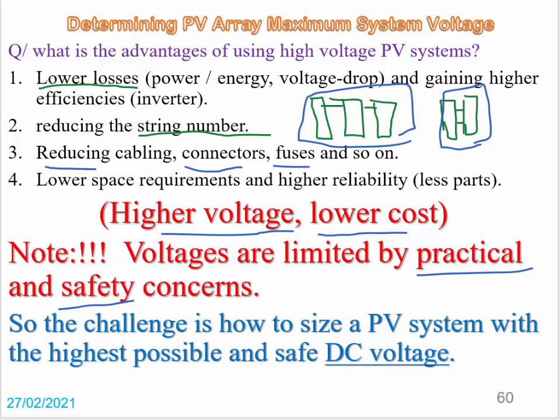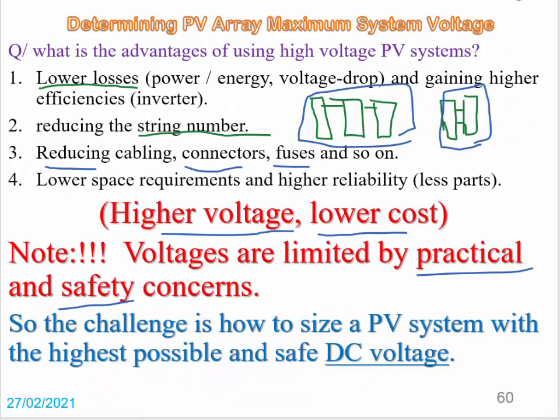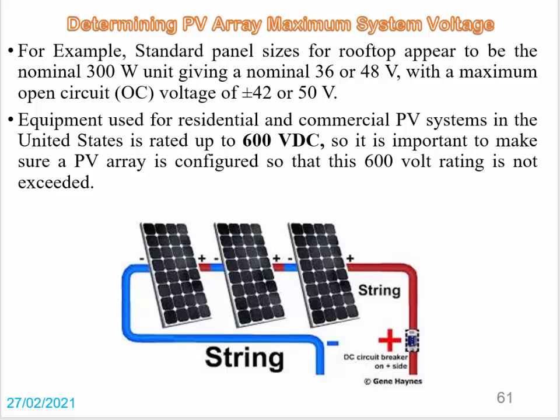So if the allowable DC voltage is 600, how do we design our PV system so that we produce a maximum voltage of 600 or less? So here we have a practical example.